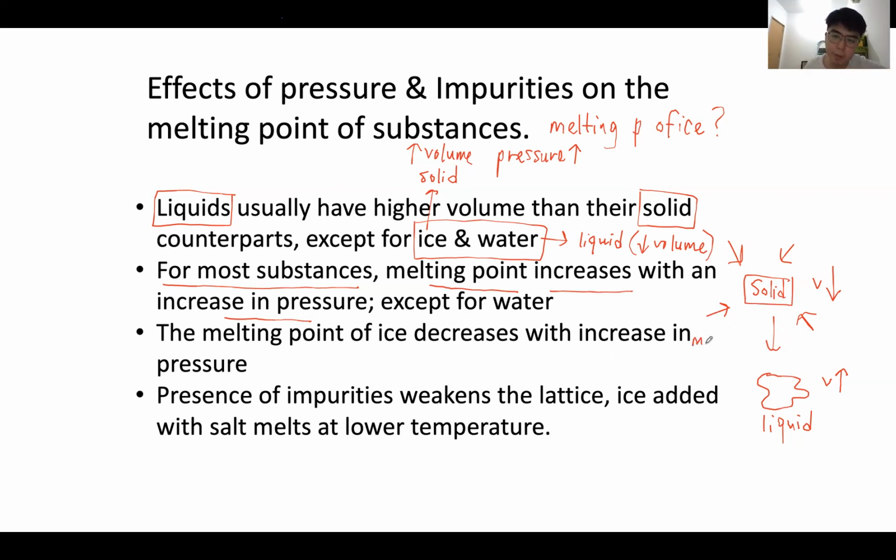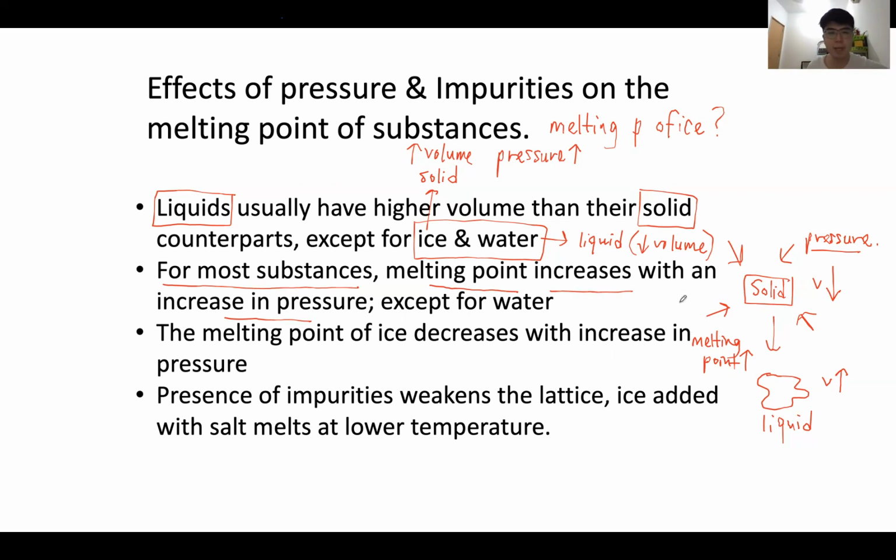So melting point will increase. Understand? Okay, so melting point will increase if you increase the pressure. If they ask you to explain, then you know. Why? Because when they expand, they need more volume, and the pressure is preventing them. So melting point is higher.